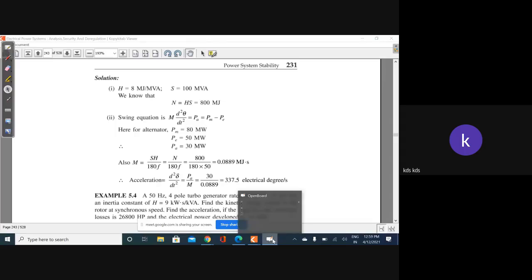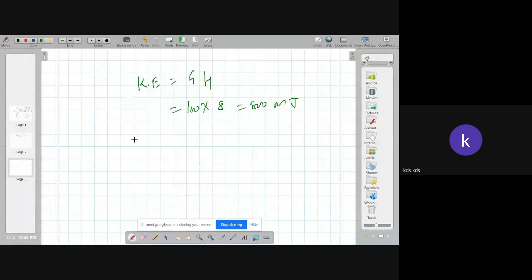So I can also write down the formula here. M d square delta by dt square is equal to Pa, which is nothing but mechanical power input minus electrical, 80 minus 50 is 30.